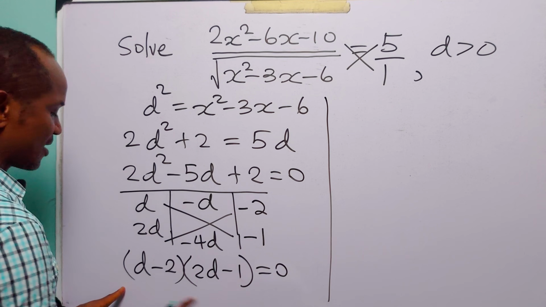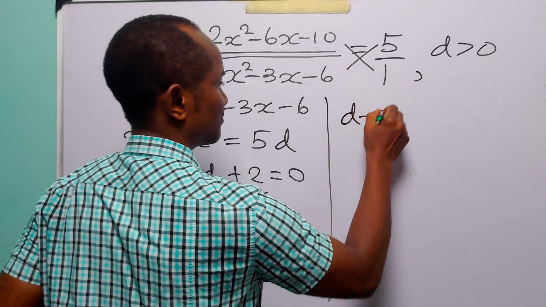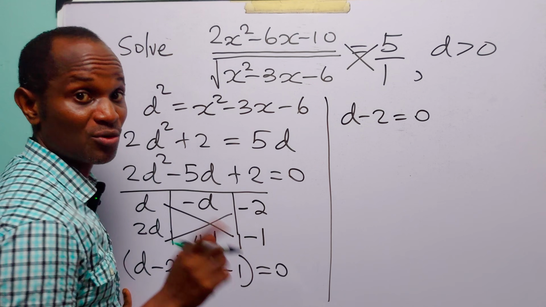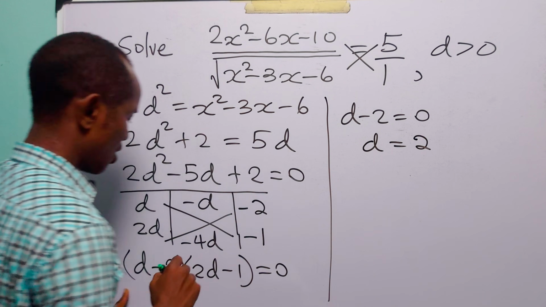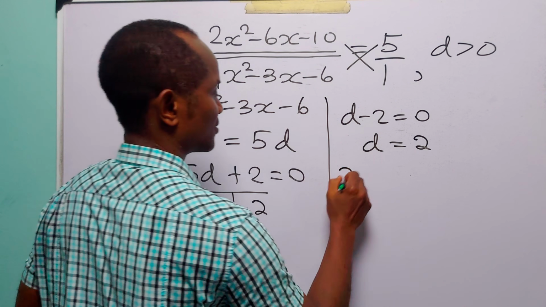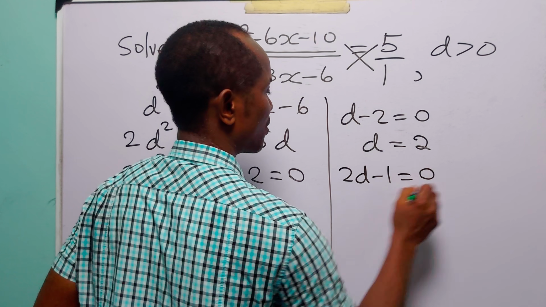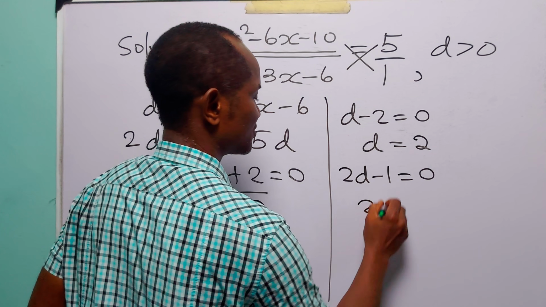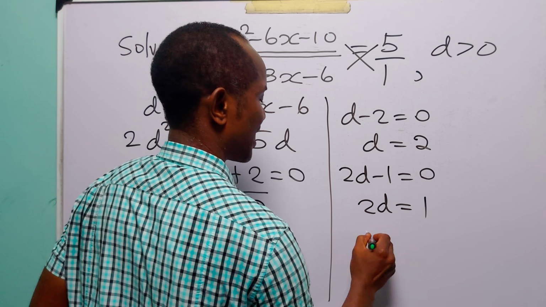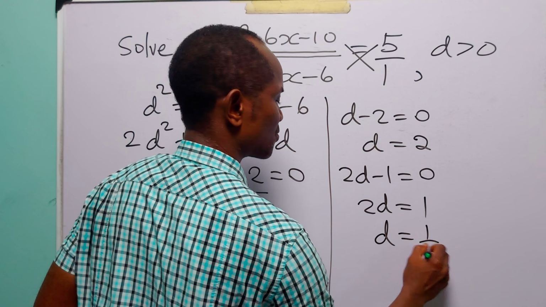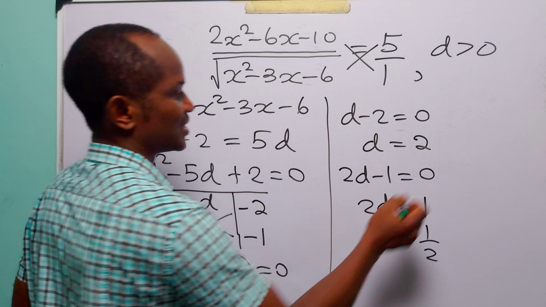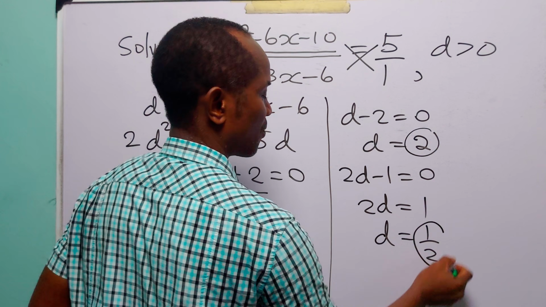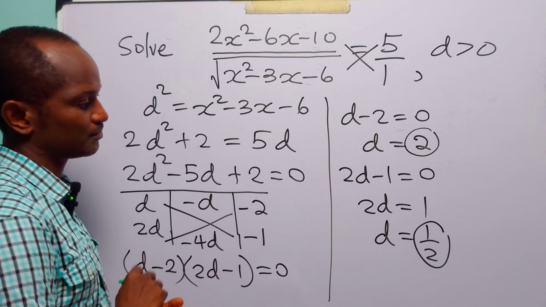Now, from here, we have that either d minus 2 is equal to 0, from where d is equal to 2, or 2d minus 1 is equal to 0, from where 2d is equal to 1 and d is equal to 1 over 2. So we have two values of d. We have 2 and 1 over 2.